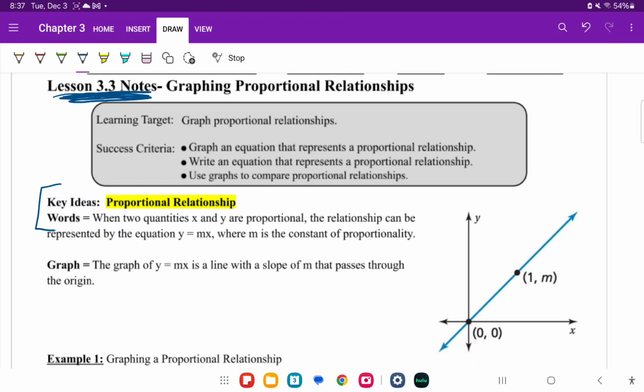The slope describes how two different variables relate to one another. So we're going to talk about that.